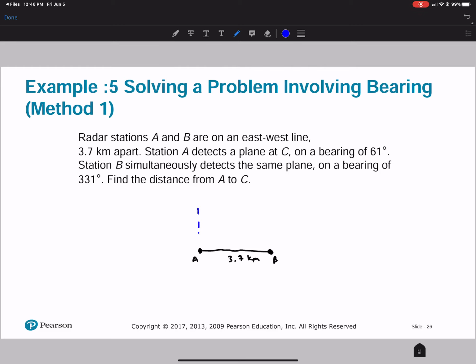Personally, I like to put north and south, and it has a bearing of 61, so I have something like this, and this is 61 degrees. All right, let's work this out.